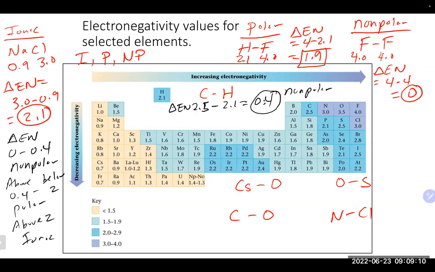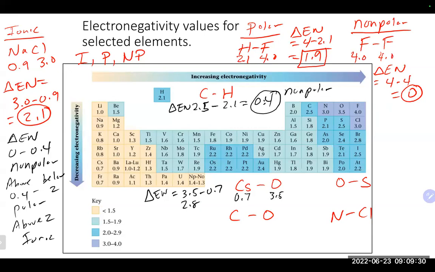We look at cesium, which is 0.7. Oxygen there is 3.5. We take the difference in electronegativity, 3.5 minus 0.7. That is going to give us about 2.8, I think.